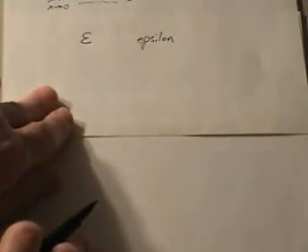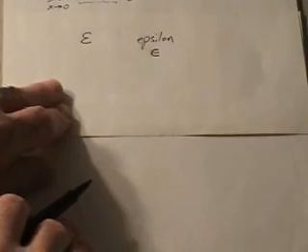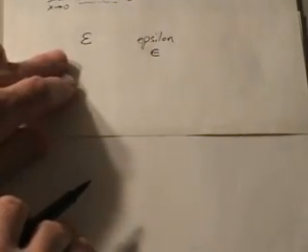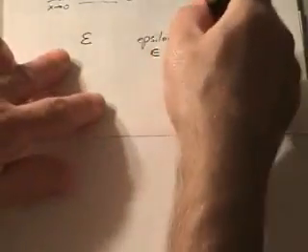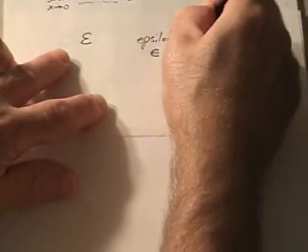So it looks kind of like an E, maybe a script E. You'll see it written different ways. Some people write it this way. I will write it that way, a little bit more curved. But it's the Greek letter epsilon. And when you see this Greek letter epsilon, I want you to think of the word tolerance or error.